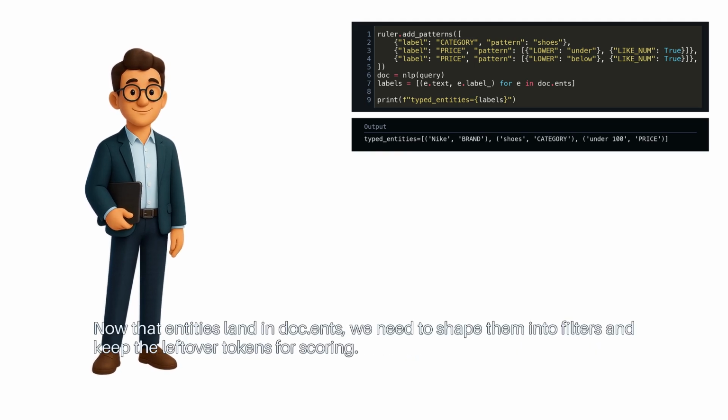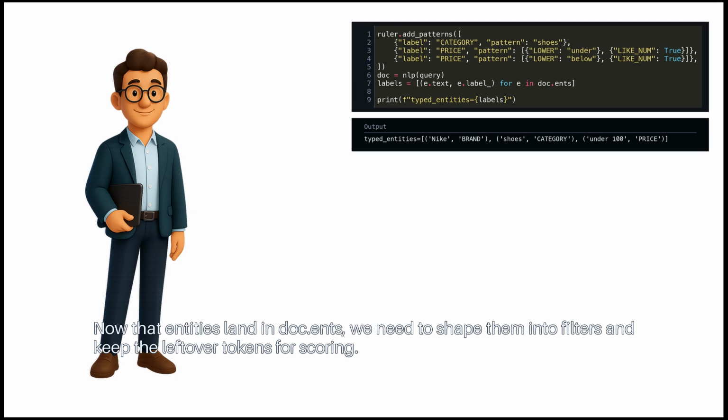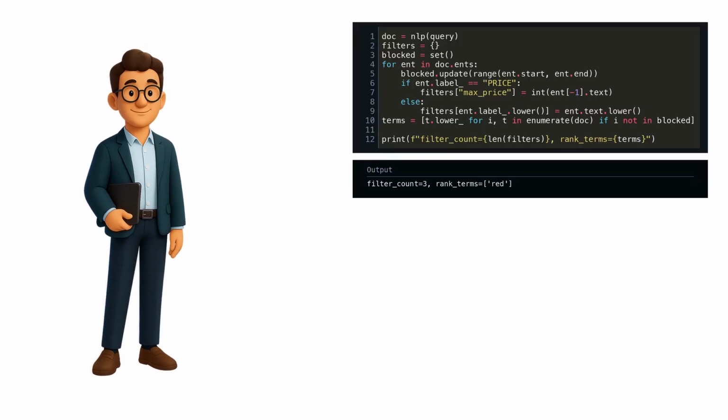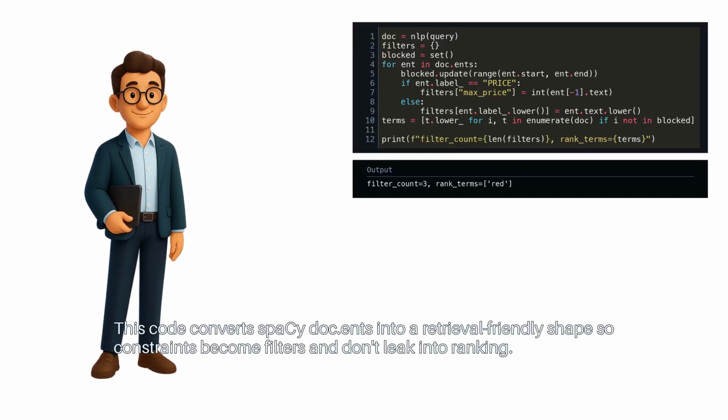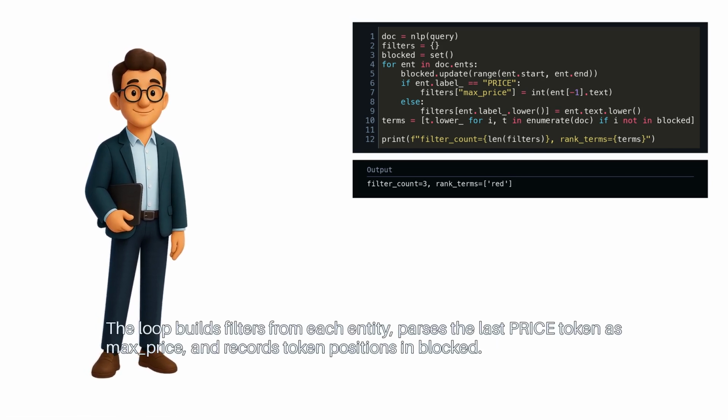Now that entities land in doc.ents, we need to shape them into filters and keep the leftover tokens for scoring. This code converts spaCy doc.ents into a retrieval-friendly shape, so constraints become filters and don't leak into ranking. The loop builds filters from each entity, parses the last price token as max price, and records token positions in blocked.